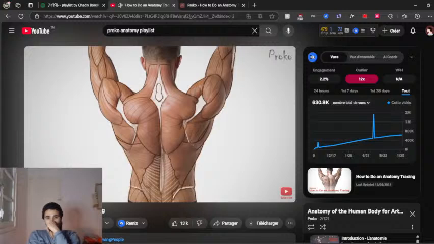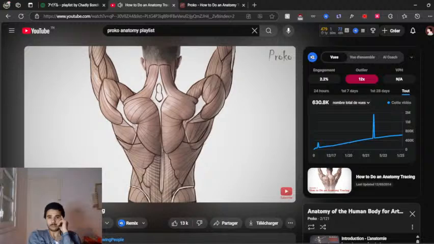A little ridge there for the iliac crest of the pelvis. And I'm just doing a little bit of cleanup work, make it look nicer. And right there is the tendon from the deltoid. And that's how you do an anatomical tracing.